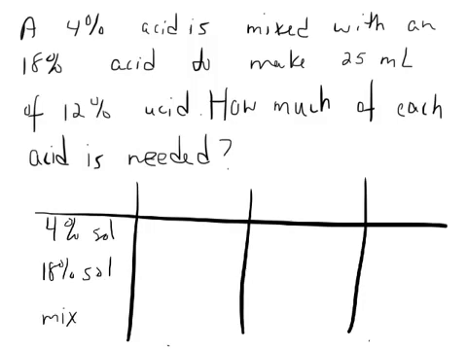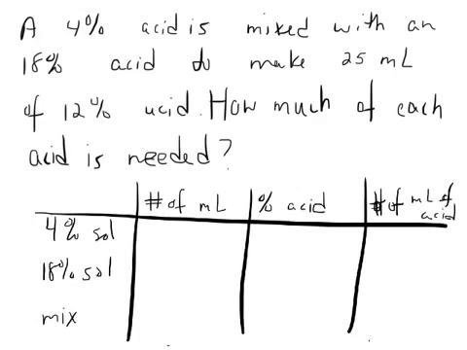In the first column, we put the number of milliliters. In the second part, we put the percent acid. And in the third column, this is the number of milliliters of acid.